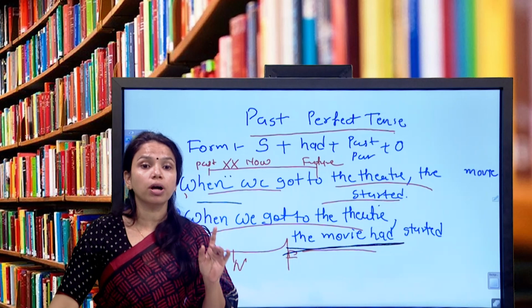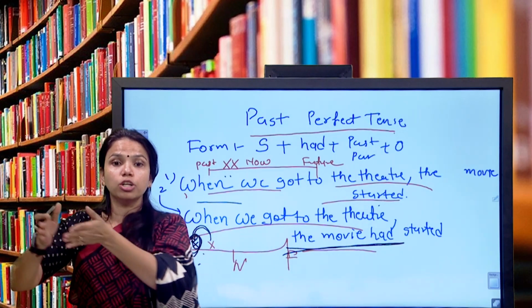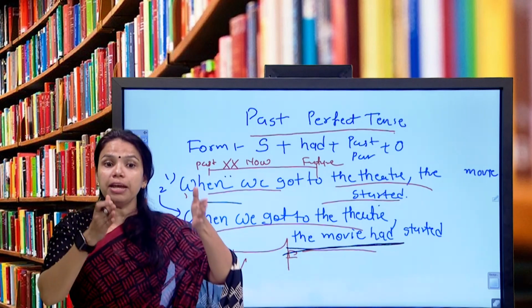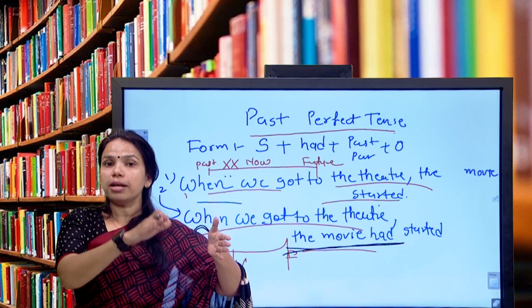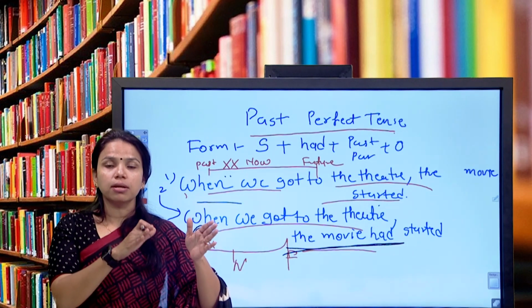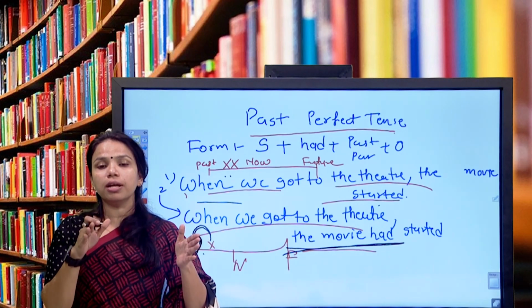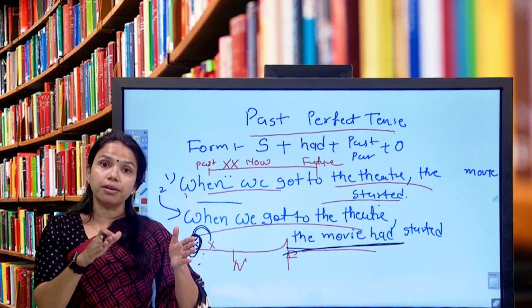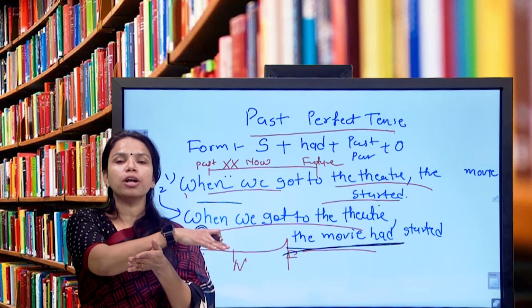But keep one thing in mind: if there are two actions and one action is completed first, then in that sentence you have to use past perfect tense. Like in this sentence, when we got to the theater, the movie had started. When we reached the theater, before that the movie had already started.